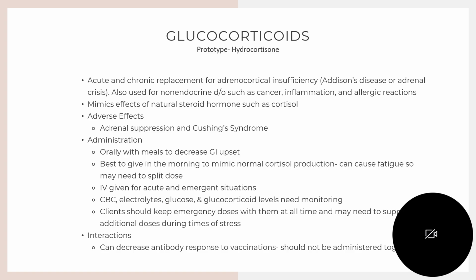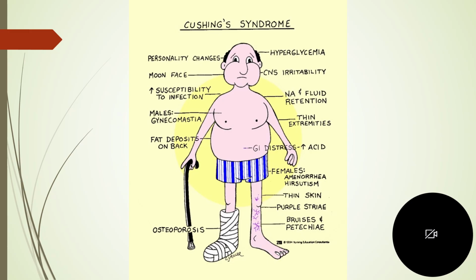Okay. So here is, if I were to give that in excess, if they have too much cortisol or I have given them too much glucocorticoid, they are at risk for Cushing syndrome. Okay. So this is what that is going to look like. One of the biggest indicators of these, high blood sugar, risk for infection, like I said, moon face.